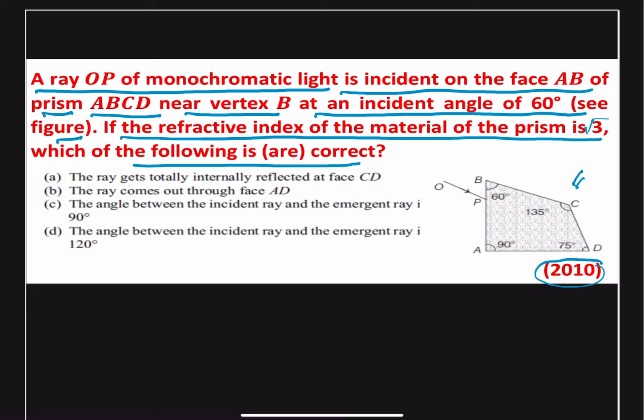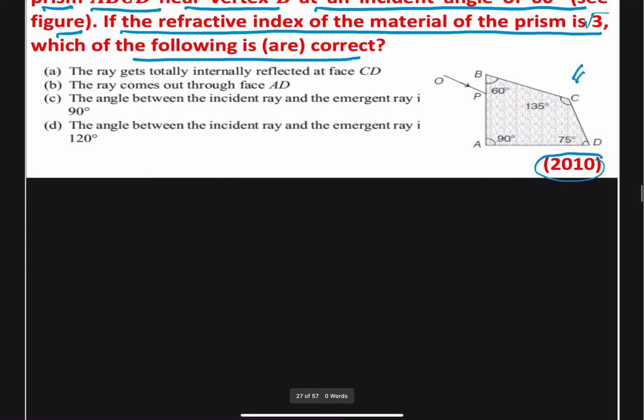Let me draw for the first case. We have these 4 options. It states that it gets totally internally reflected at the face CD. So this is your face CD. So we have to find out whether it gets totally internally reflected or not. So therefore, let us draw for this part.